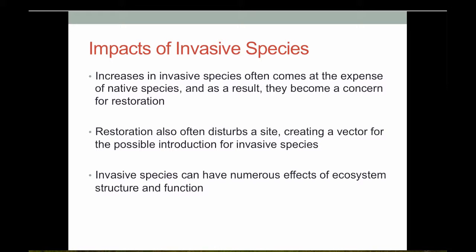And the paper that we had you read this week on honeysuckle restoration from forests here in Ohio really demonstrates that these species can have dramatic impacts on ecosystem structure and function, and as a result you need to be focused on those aspects and those changes.